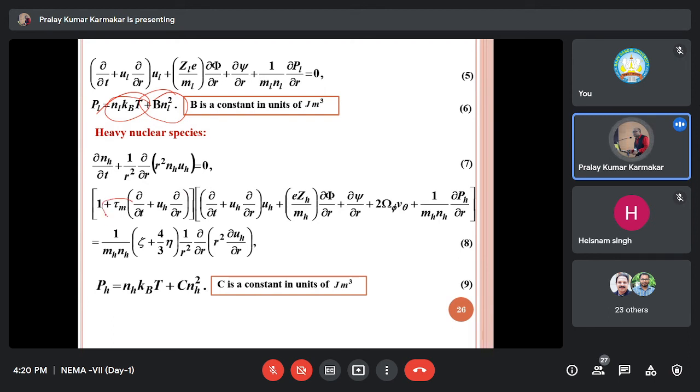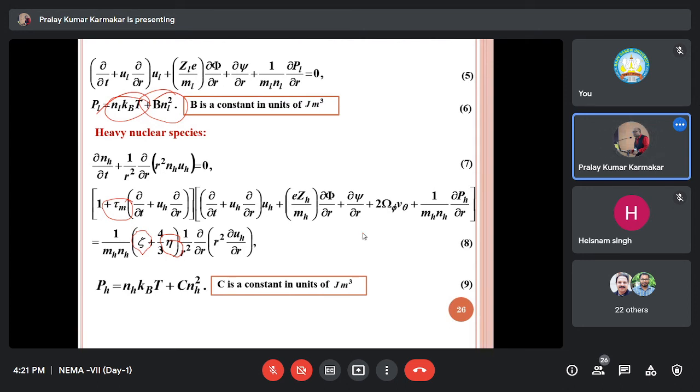This is called the viscoelastic relaxation time. We are considering shear viscosity and bulk viscosity. Shear viscosity opposes velocity or motion, and bulk viscosity opposes radial expansion of the system. These are all usual notations.